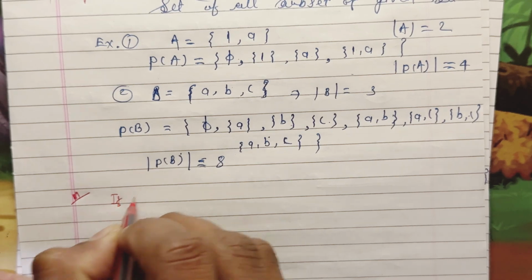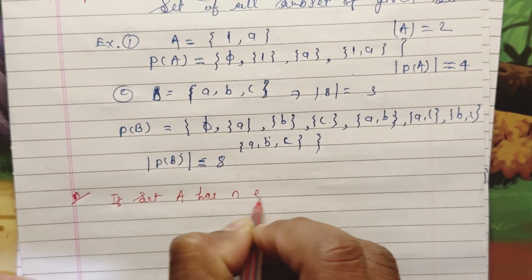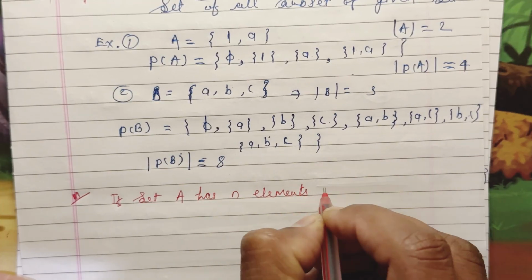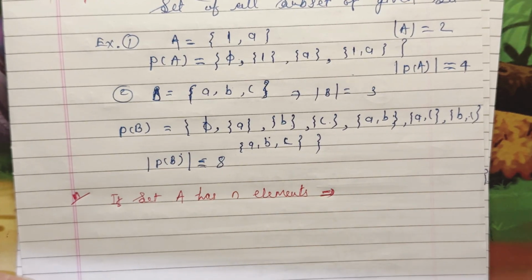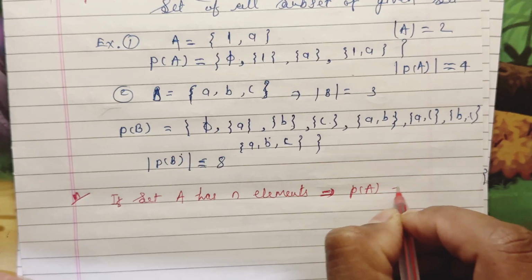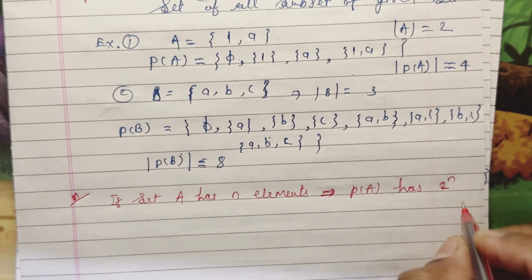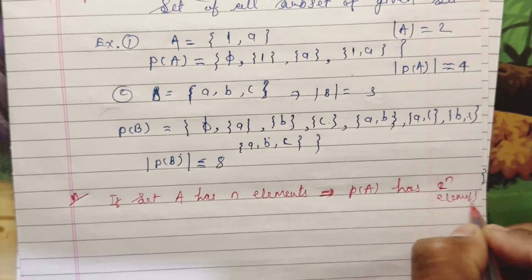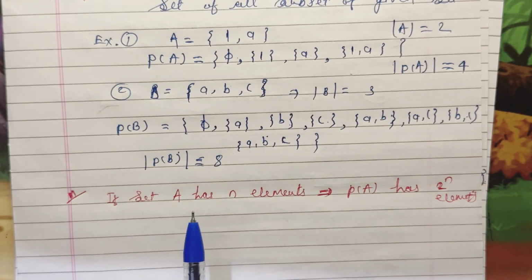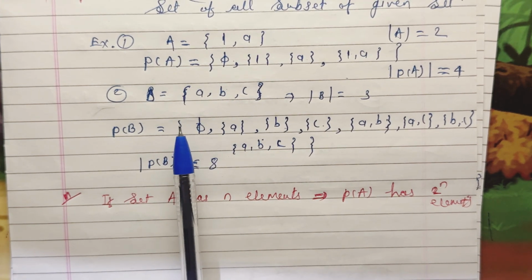If set A has n elements, this implies the power set of A, P(A), has 2 raised to n elements. If a set A has n elements, then the power set of A has 2^n elements. You can take any example from above to understand this remark.